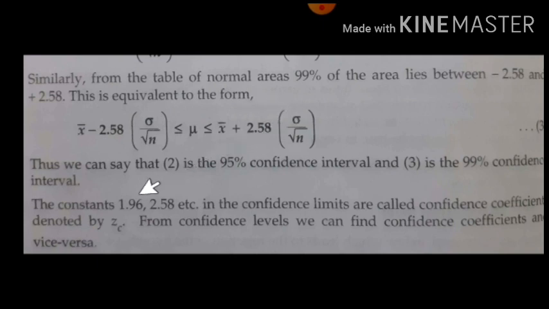So the constant 1.96 is the standard z value in the case of 95% and 2.58 is the standard z value in the case of 99%. These limits are the confidence interval, and the limit points we are giving are called the confidence coefficient, denoted by ZC. Okay.